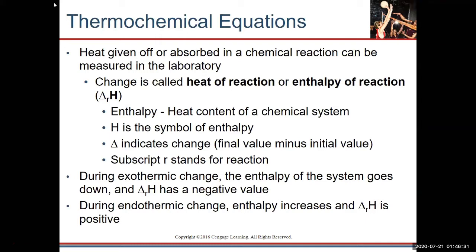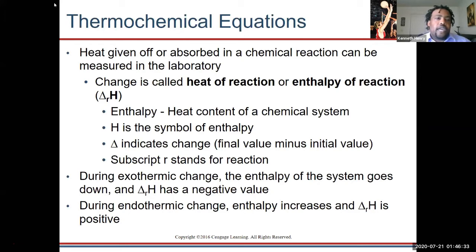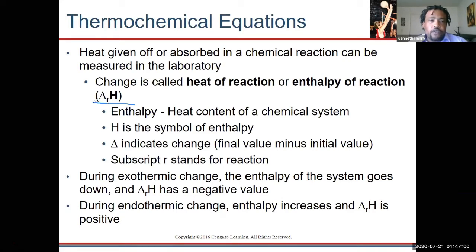So the term that we use for heat, or we'll often say the heat of the reaction or the enthalpy of the reaction, we kind of define this as the change in heat. The change of the temperature, the way it started, to the temperature of the way it kind of ends, is the change in heat or the change in enthalpy. We define this as delta H. So enthalpy of a reaction is called delta H. Okay?